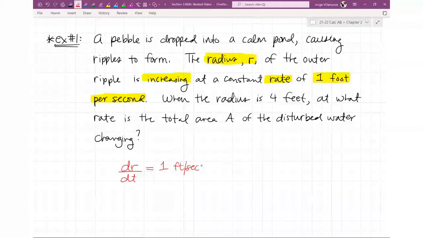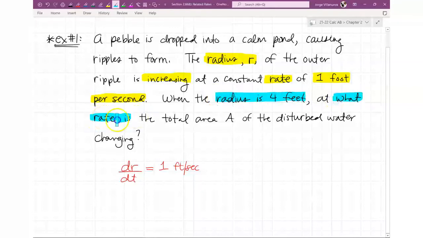So at what rate is A changing? Okay, so they mentioned when the radius is 4 feet, what rate is A changing?